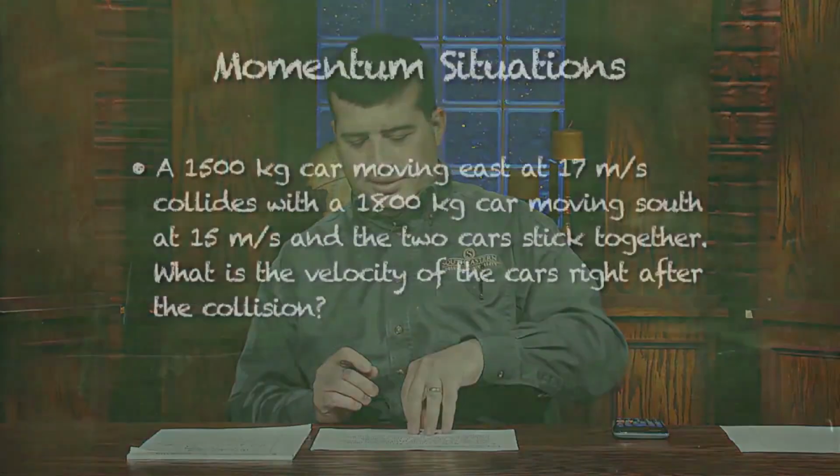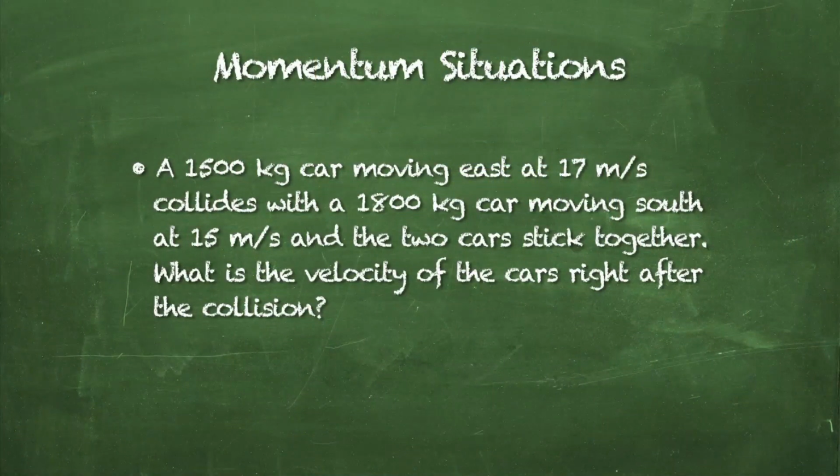Let's take a look at another exercise. A 1,500 kilogram car moving east at 17 meters per second collides with an 1,800 kilogram car moving south at 15 meters per second, and the two cars stick together. What is the velocity of the cars right after the collision?